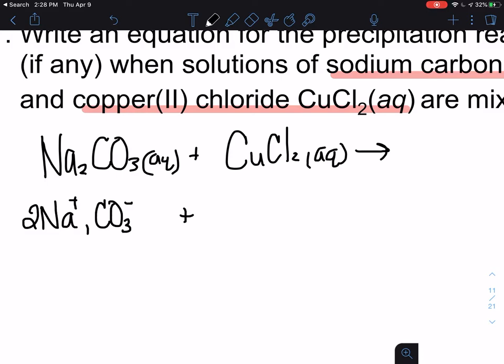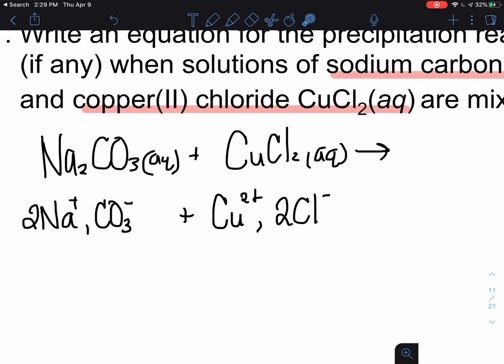Now, what's the charge on copper for this guy? Because we have 2 chloride anions, we're going to have copper 2. So it's going to be Cu2+ and 2Cl-. Again, this 2 came from the fact that there are 2 chloride anions in this solution right here.